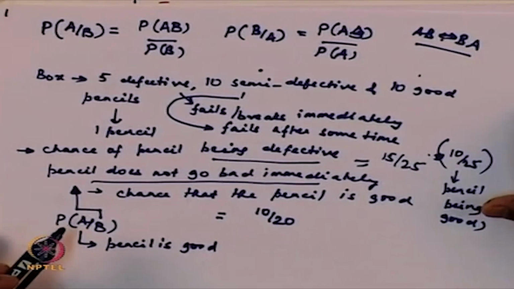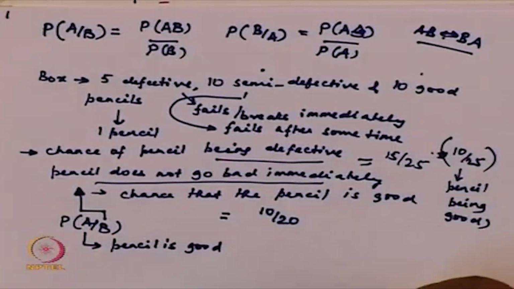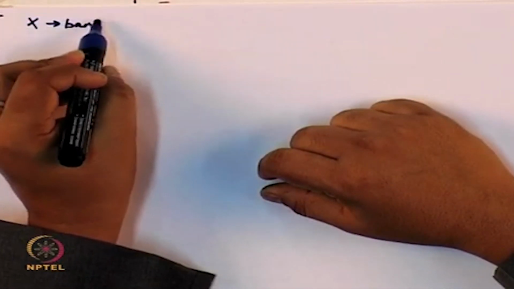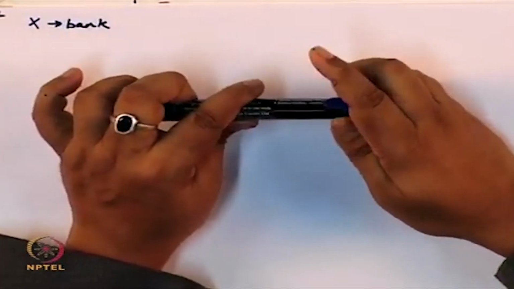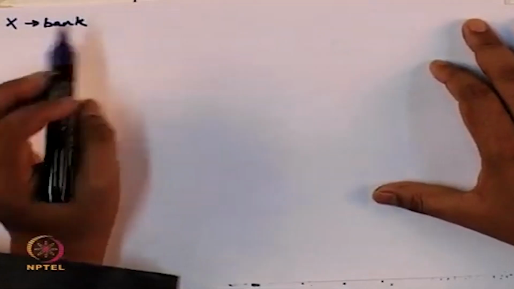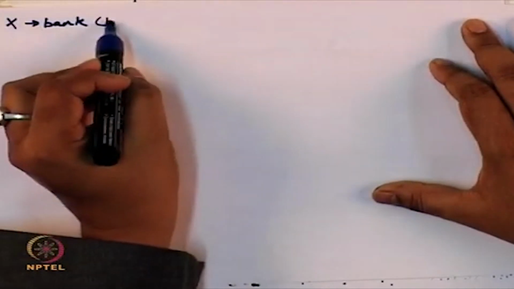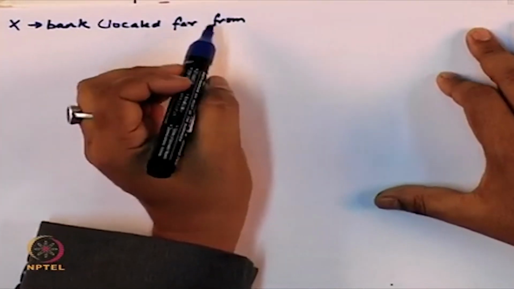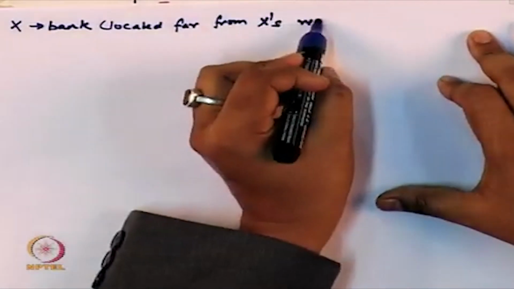Let me come to another example. Imagine that a person X works in a bank, which is located far from X's residence.